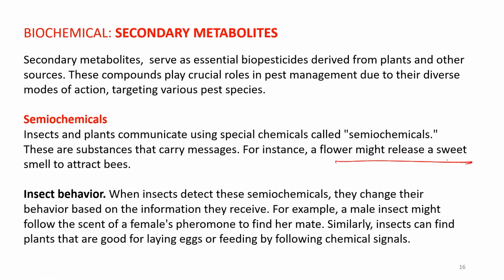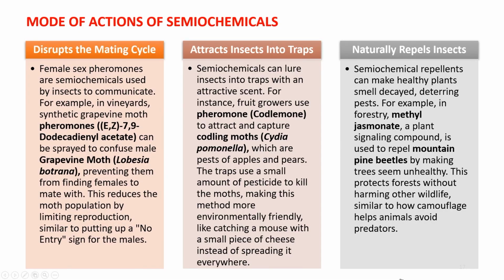For instance, a flower might release a sweet smell to attract bees. When insects detect these semiochemicals, they change their behavior based on the information they receive. For example, a male insect might follow the scent of a female's pheromone to find his mate. Similarly, insects can find plants that are good for laying eggs or feeding by following chemical signals.